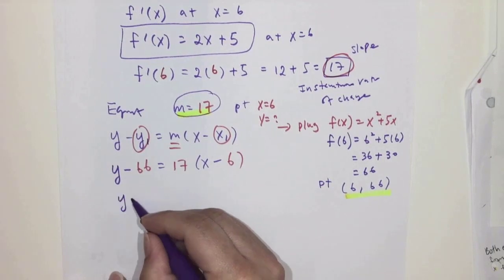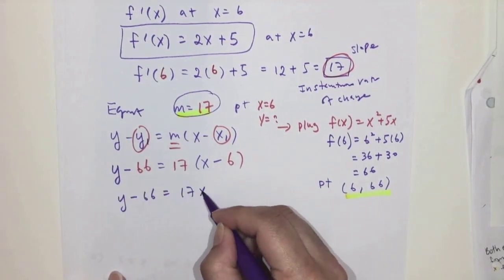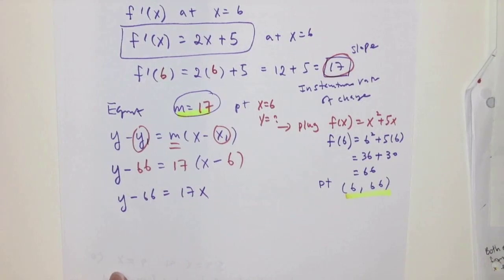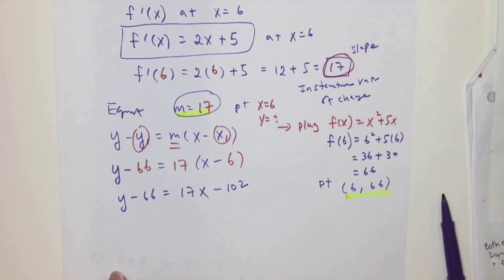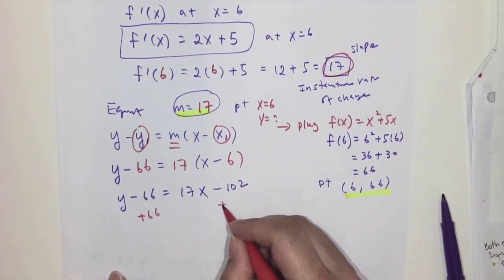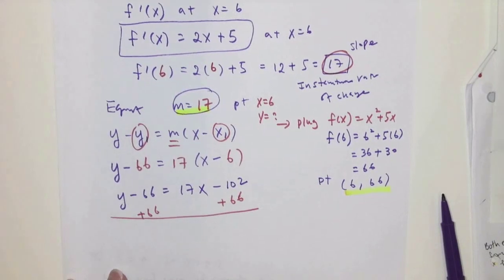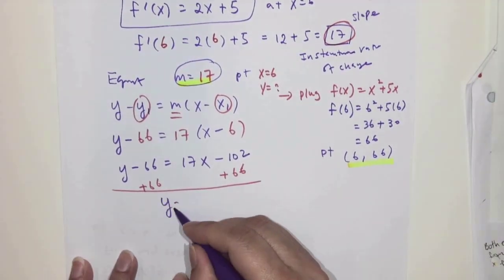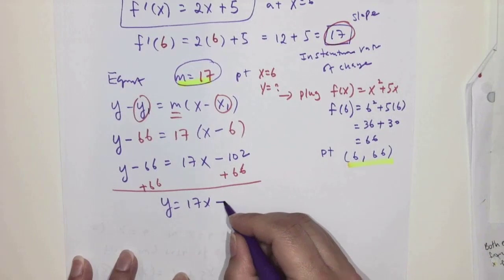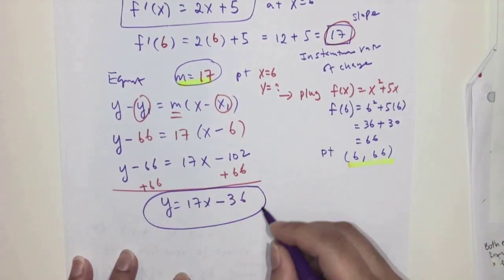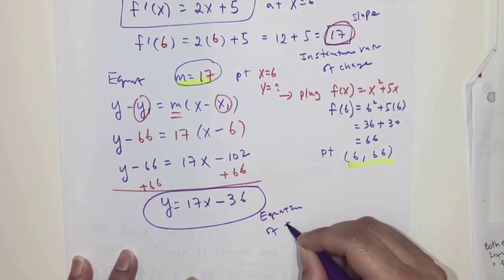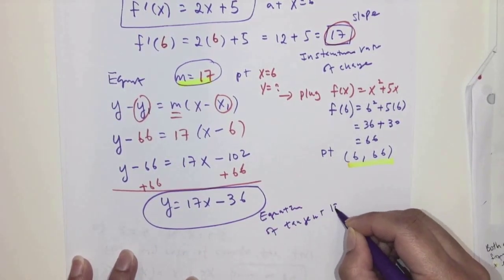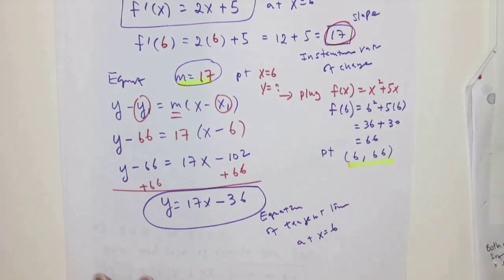We are going to have y minus 66 equal to 17x, and then 6 times 17 is going to be subtracting 102. And then we are going to move the 66 to the other side. So that will give me y equal to 17x minus 36. Okay, so that would be the equation of the tangent line at x equal to 6. All right, so that would be number 5.